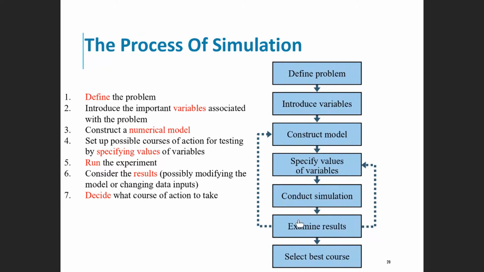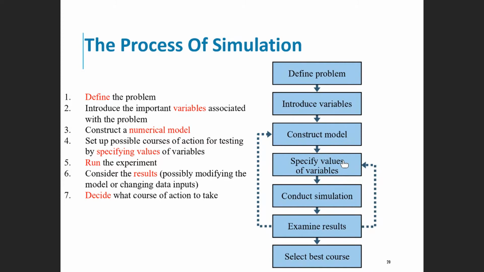The other two decisions or steps after the results appear: you may change the variable values, either if they were a constant value, like 70 labor working in the factory, you reduce it or increase it.